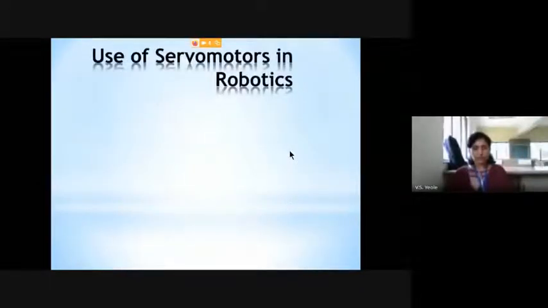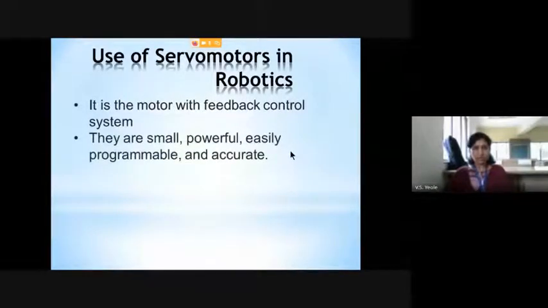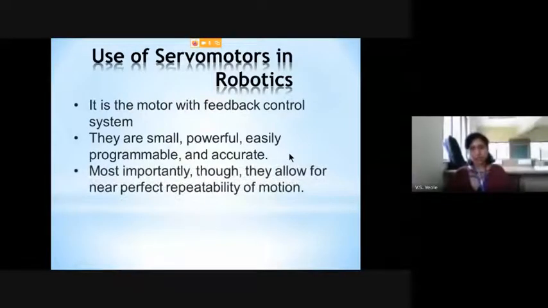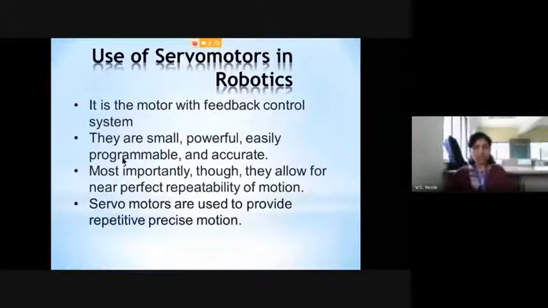Now next we will see the use of servo motors in robotics. Servo motors are exactly similar to DC motors, with only one difference: a feedback control system is connected in this motor.